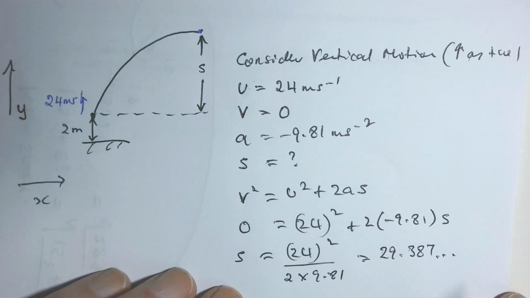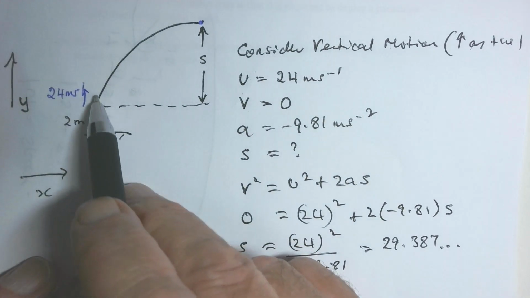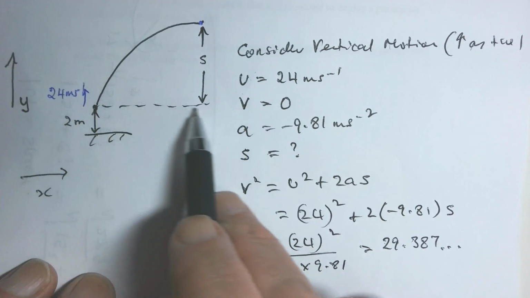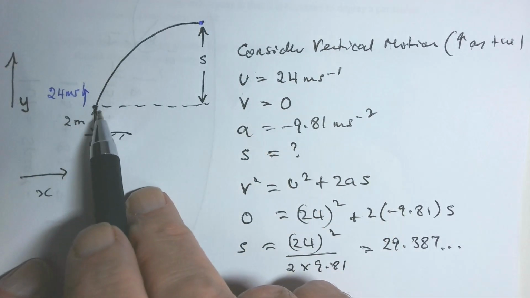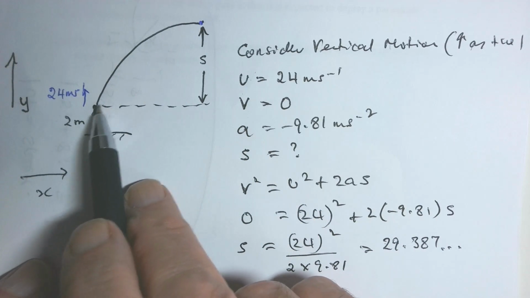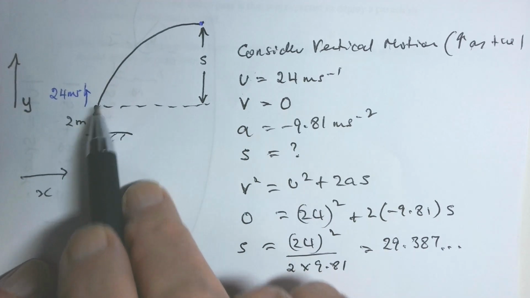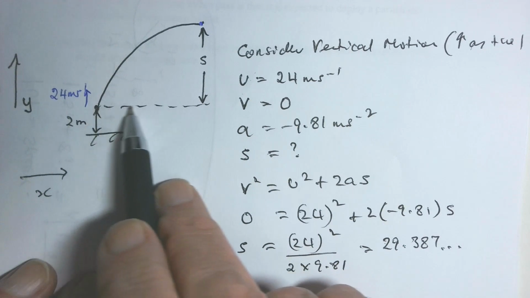Don't forget, as I mentioned already in the diagram, the fact that we start 2 meters up means s is not the height above the ground, it's the height above where the aircraft is.